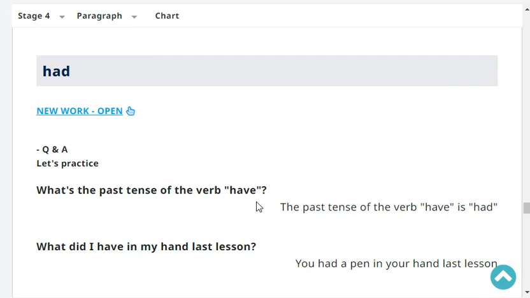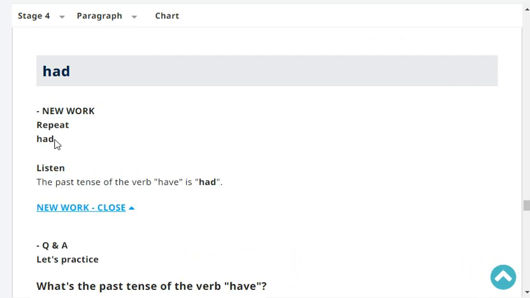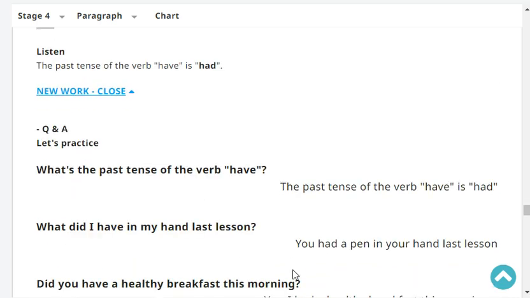Okay, next repeat. Had. Okay, very good. The past tense of the verb have is had. Okay, let's practice. What's the past tense of the verb have? The past tense of the verb have is had.